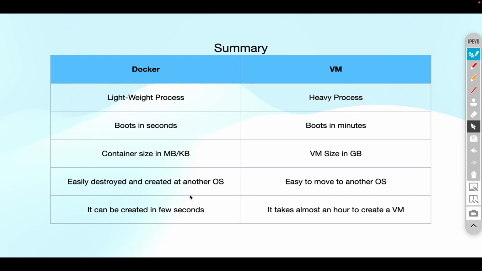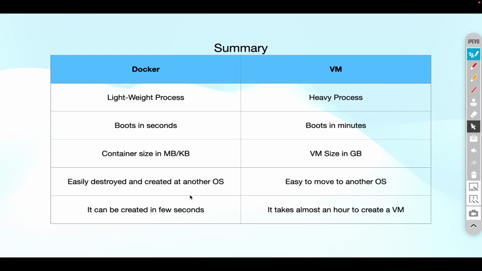If you talk about the shipping part, in Docker we ship the images, and images will be built at the server level. In case of a VM, we create a virtual machine and we ship it to another operating system, where that virtual machine can be imported.